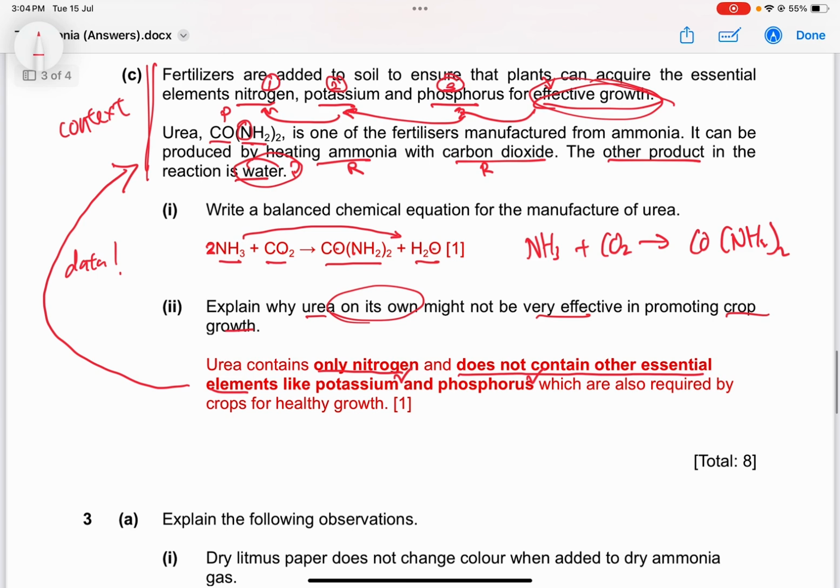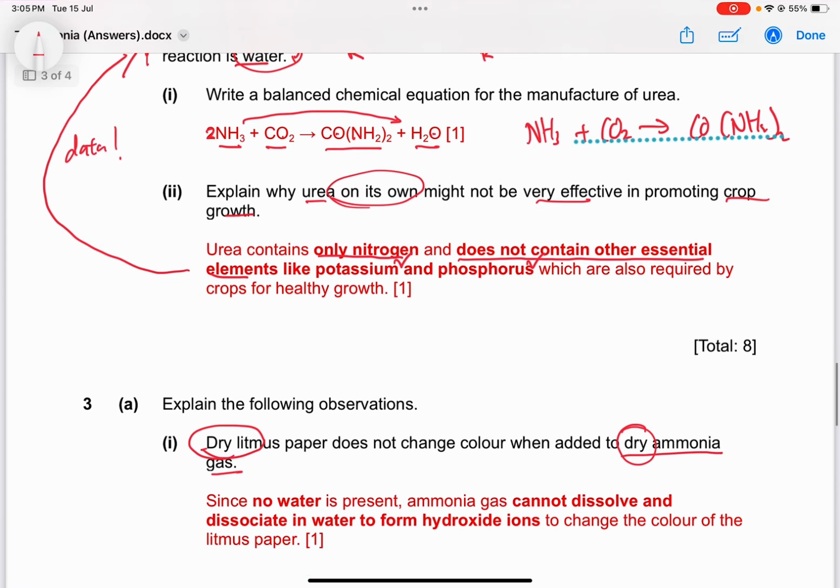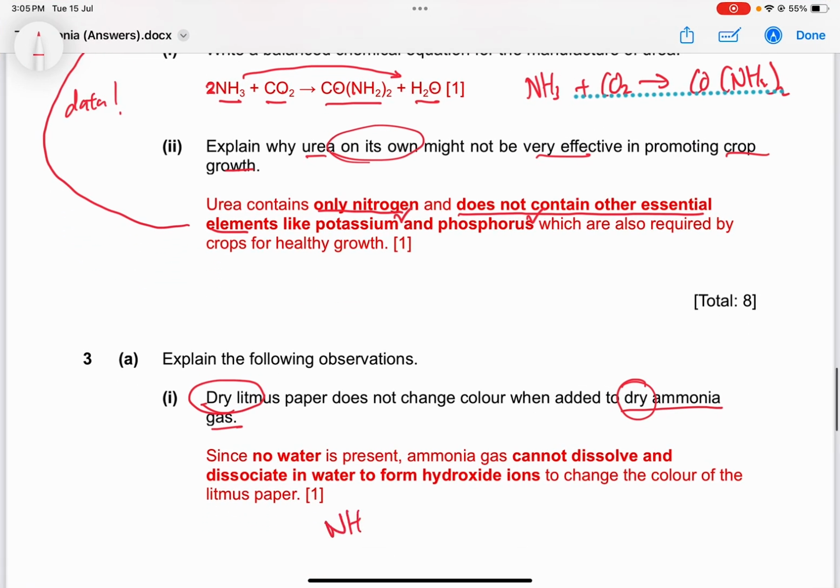Next, 3A. Explain the following observations. Dry litmus paper does not change color when added to dry ammonia gas. You realize the keyword is dry. Why is dry litmus paper not able to change color when you have dry ammonia gas? Now I know ammonia is an alkaline gas, but the alkaline gas takes effect only when there's water. When the ammonia gas reacts with the water, or I should say interacts with the water, you get ammonium cation.